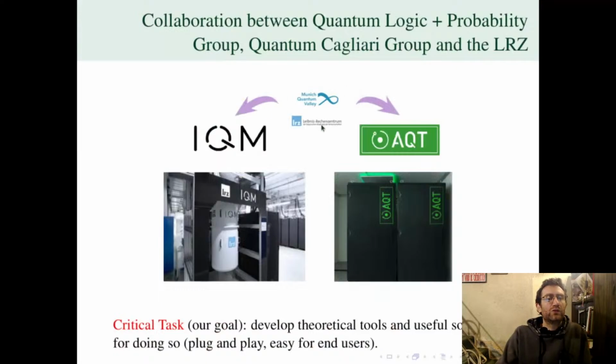We access, through the Munich Quantum Valley API, the quantum processors mounted in the tomb, and we compare an IQM machine with an Alpine Quantum Technologies machine. Our goal is to develop theoretical tools and useful software for testing quantum computers. And the software should be easy to use, plug and play, and easy for end users. So this is our idea.